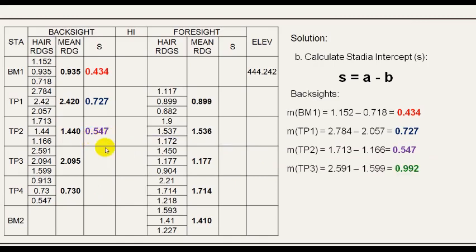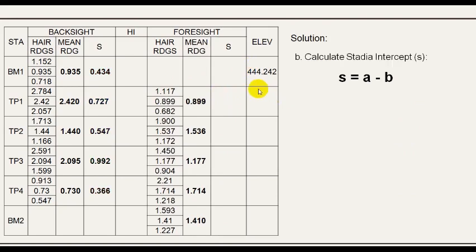Then PP3, 2.519 minus 1.5999, which equals 0.992. Then the same for PP4, which equals 0.366.